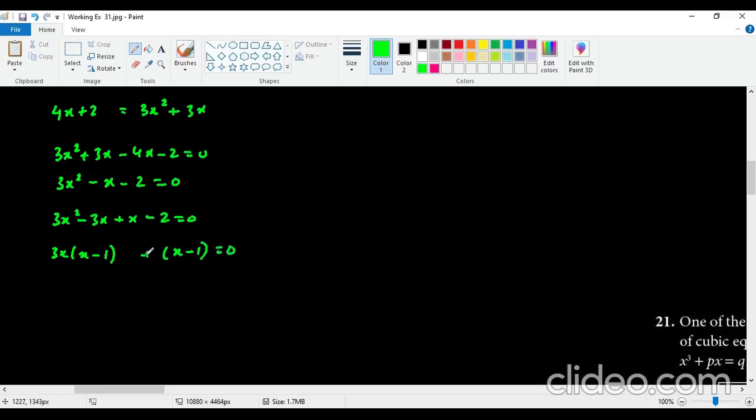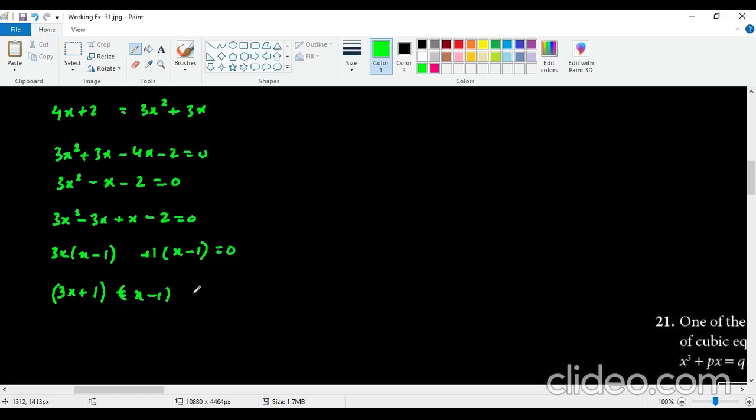So 3x minus 3x, and this is going to be 3x plus 1, and another factor is going to be x minus 1 equals 0.